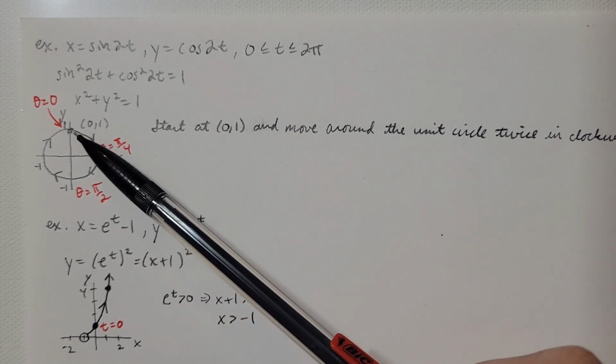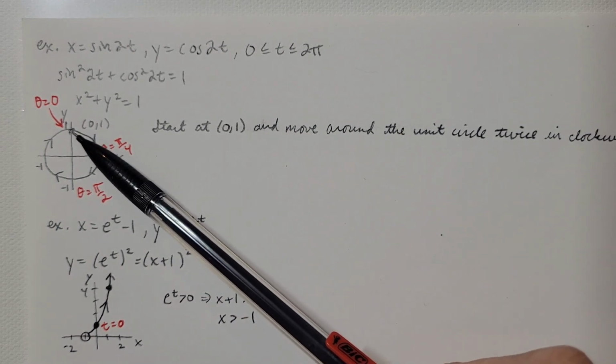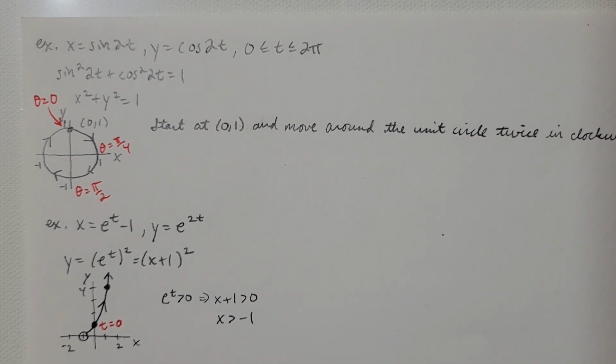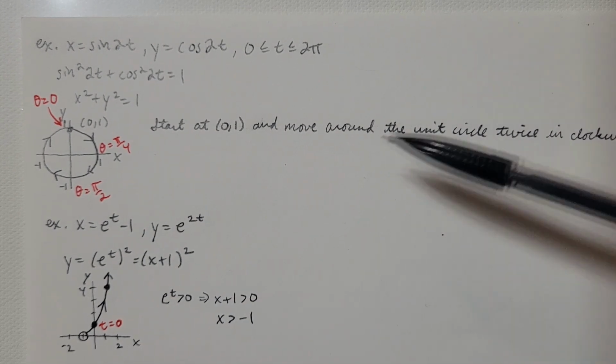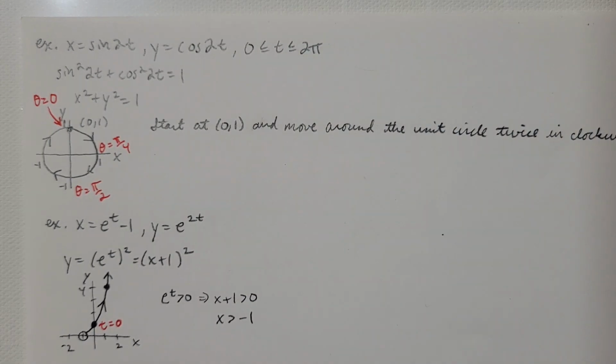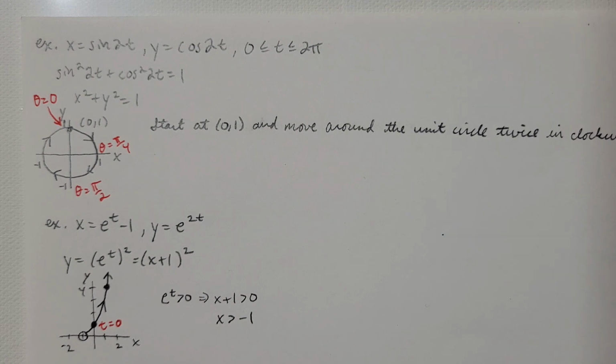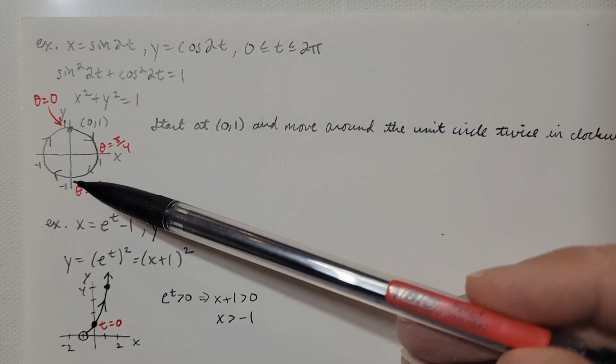So 0, 1, that's going to be my start point. And what if I let t be pi over 2 next? Well, sine of 2 times pi over 2, that'd be sine pi, is 0. And cosine of 2 times pi over 2, that'd be cosine of pi, is negative 1. So 0, negative 1 would be on the graph.